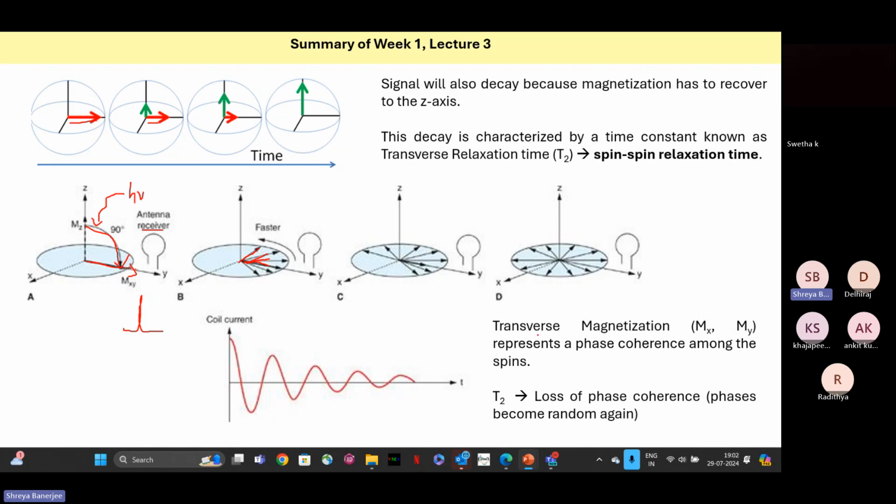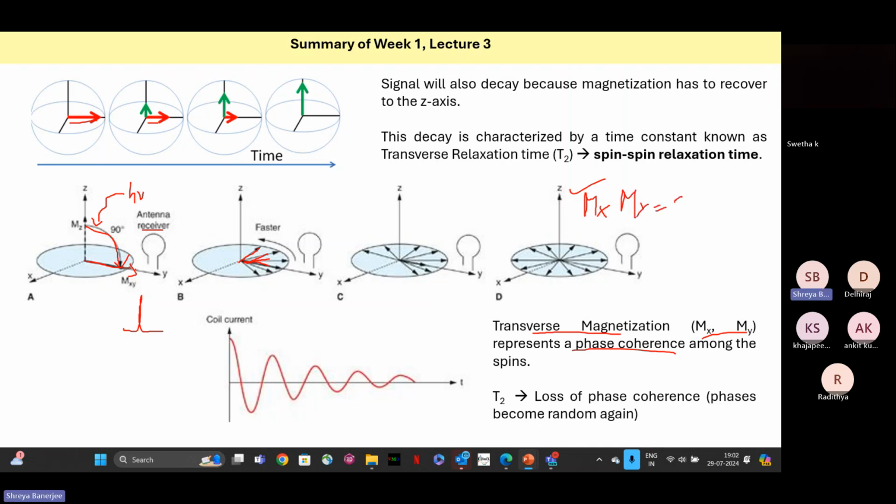There is a certain transverse magnetization, that is XY component of magnetization. So the phase is no longer random. And at that time, the system is said to have phase coherence. That means the system has a specific phase. But gradually, as the XY component reduces and the Z component goes back to normal, it reaches this situation where the magnetization along X and Y is again zero.